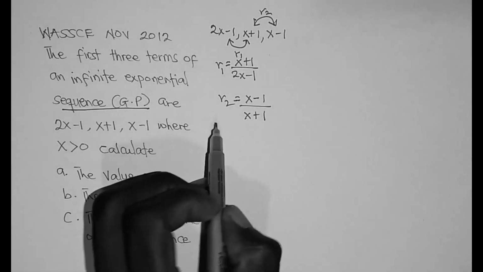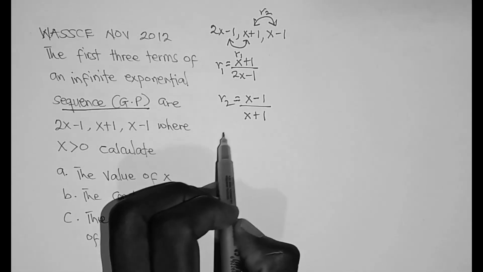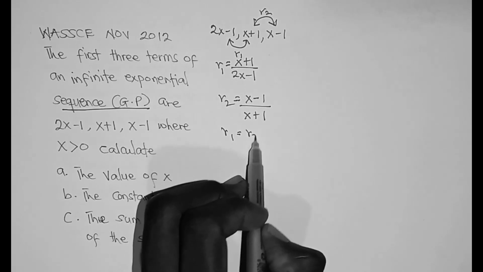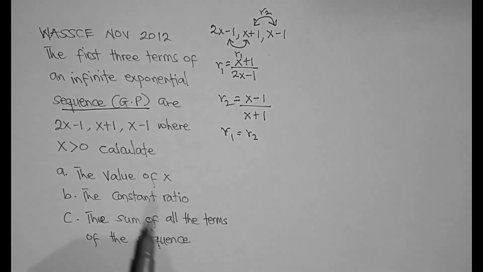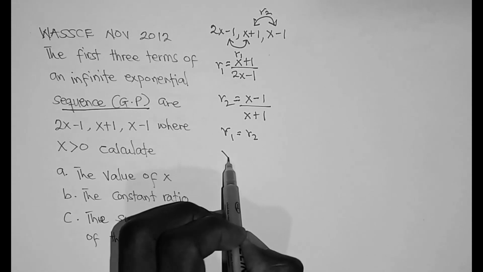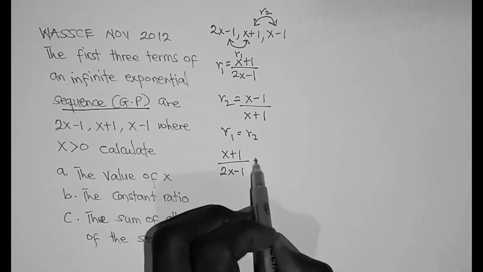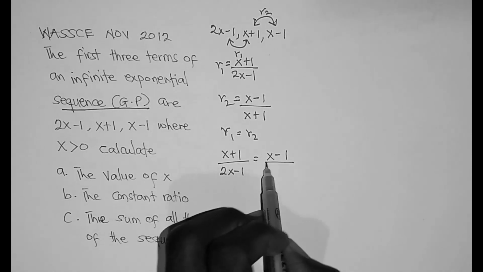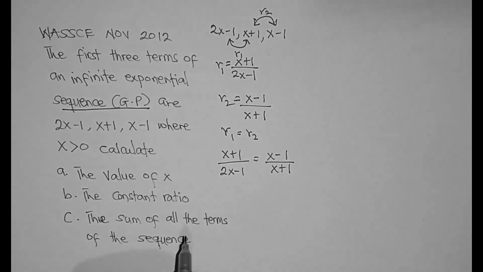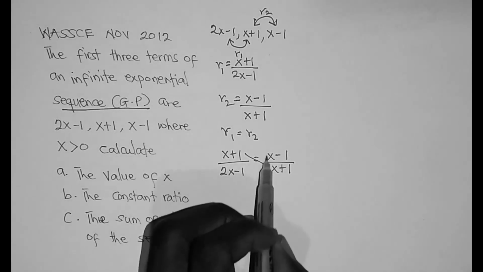So since R1 is equal to R2, since it's a geometric progression, and therefore x plus 1 divided by 2x minus 1 equals x minus 1 divided by x plus 1. So let's cross multiply.